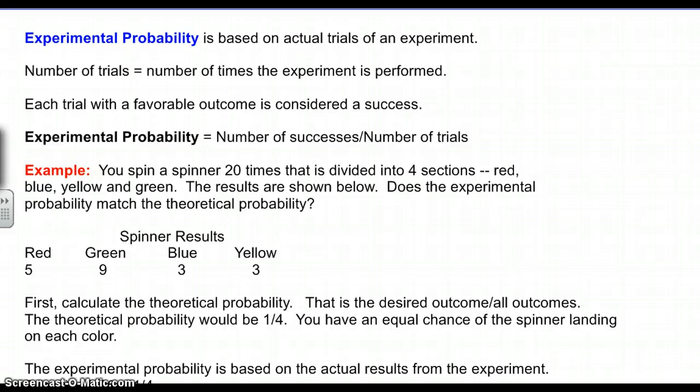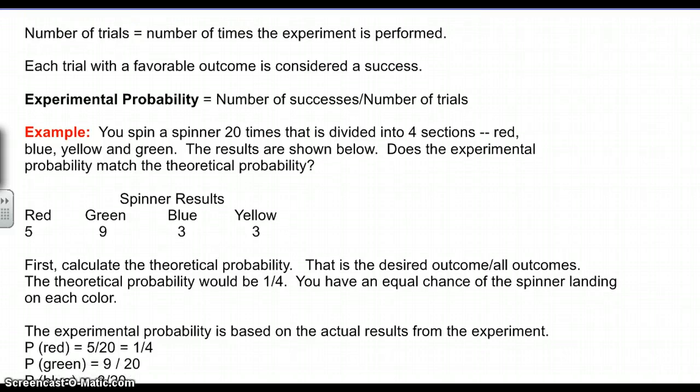For example, if you wanted to find the theoretical probability of red, red would be the desired outcome. That's 1 chance of getting red, and you would divide it by all the colors that are in the spinner. That would be 4. That's how we're getting 1/4. And the same would be for green, blue, or yellow.